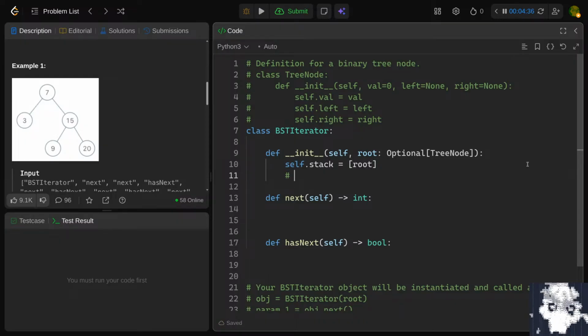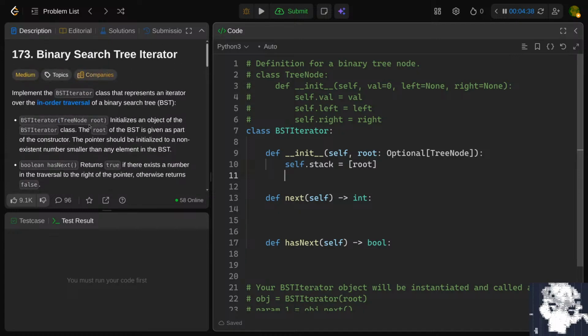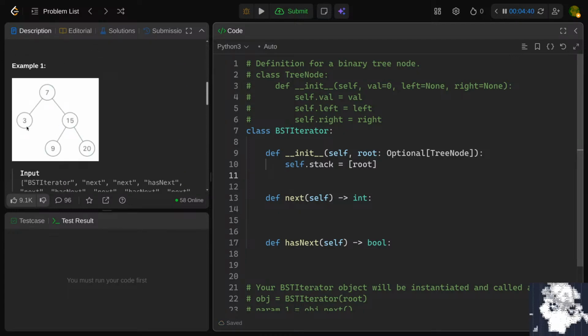We also have to remember, so in order means you go left, and then you go to yourself, and then you go right. So we have to remember what we've done so far. So, self.state equals, we're going to start by saying we need to go left.